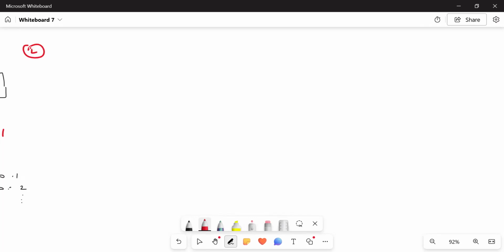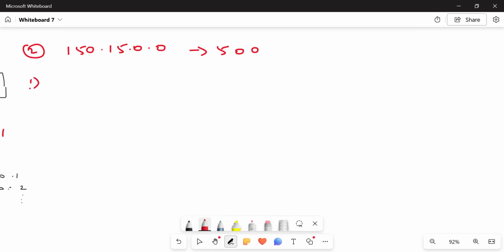Subnet the given IP address 150.15.0.0 into subnets of 500 hosts in each subnet. Okay. So what is the first step?